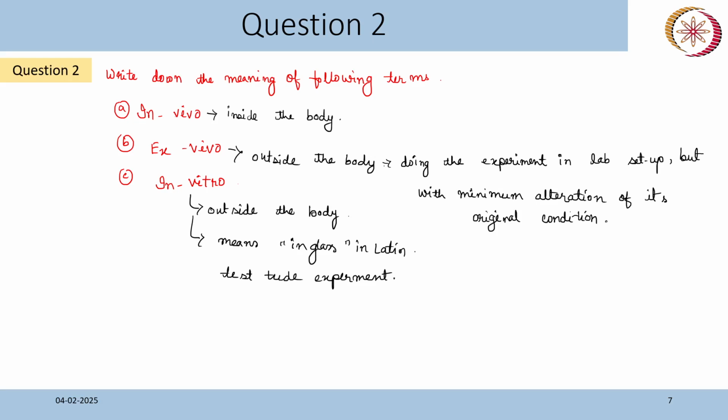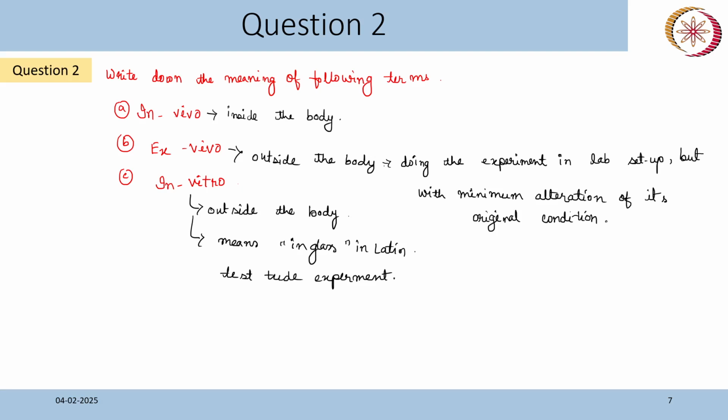We try to mimic it using a MEMS system. That is why MEMS sensors are basically useful. You can mimic different organs inside our body using a MEMS sensor, and that will be used for different kinds of experiments outside the body.